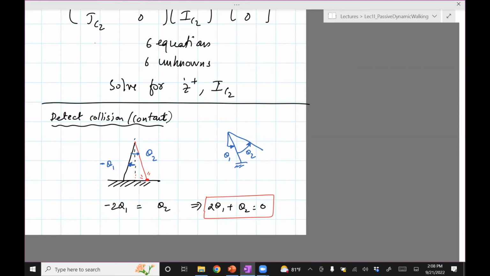Now, there's going to be one issue in this, which is that the condition is also met when θ1 and θ2 equal 0. Right? 2 times 0 plus 0 is 0. So when the legs are in that configuration, we need to ignore that, because that doesn't really correspond to collision.